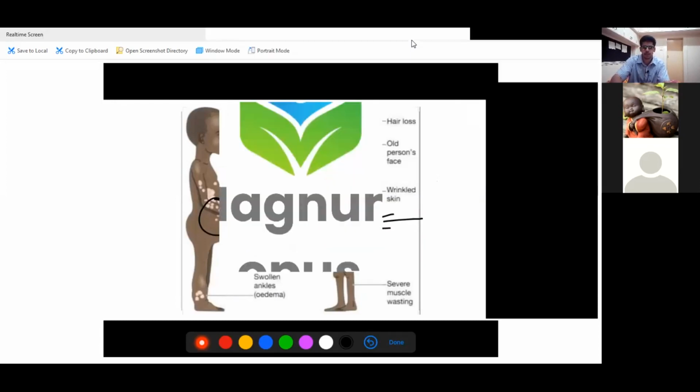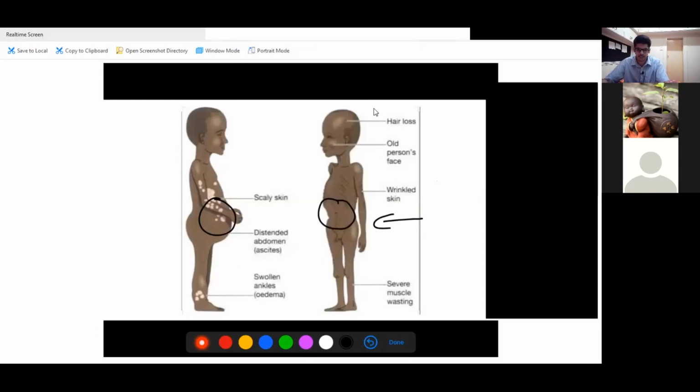Yeah, so very good. So many people know that marasmus. That's very good. And this guy is Kwashiorkor. Okay, and other features you can see, but I'm sure once you see this feature and you know the calculations, you don't have to go through these things. You'll easily diagnose it. So once you made a diagnosis, now you go to the treatment.